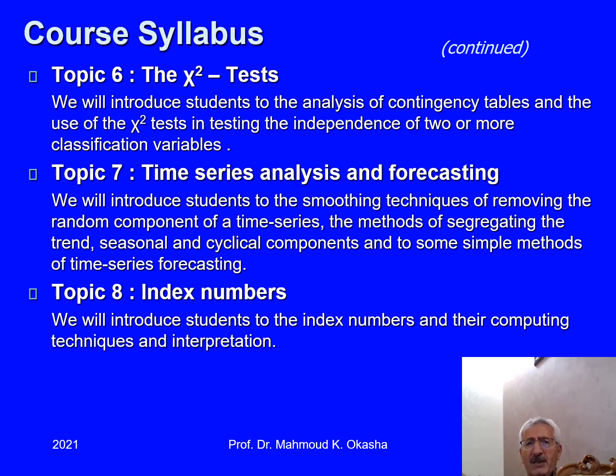This is not a numeric variable, so we cannot use regression and correlation to study it. So we use the chi-square test, but it is still a hypothesis testing issue.